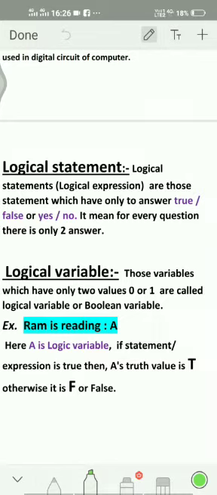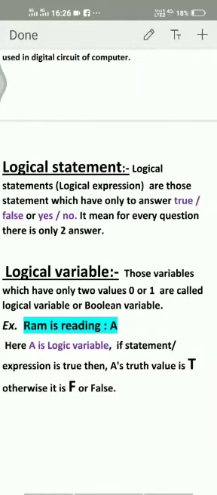We used this in C language, remember? x plus y is equal to 20. x and y are variables, and 20 is a constant. Same here. Those variables which have only two values, 0 or 1, are called logical variables or Boolean variables. Like Ram is reading is stored in A, so A is a logical variable. So A has only two values, that is true or false.